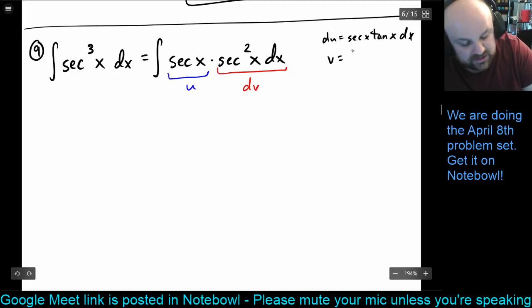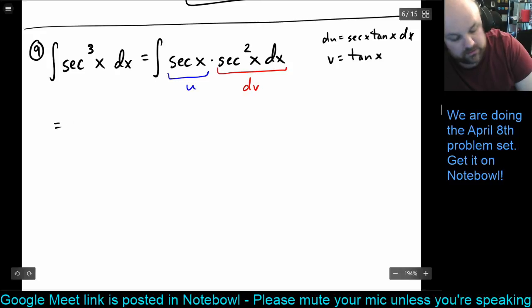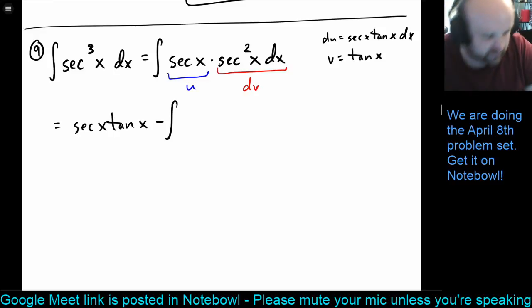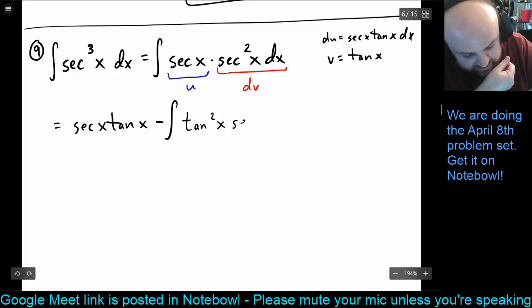And v is just going to be tangent of x. Right? If this is my u and this is v. So we have u times v minus the integral of v du. Let's see. V du is tangent squared x secant x dx.